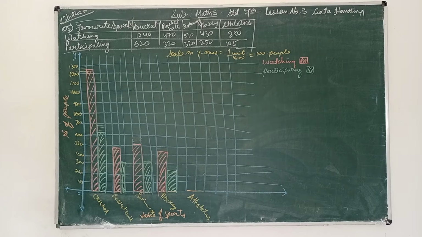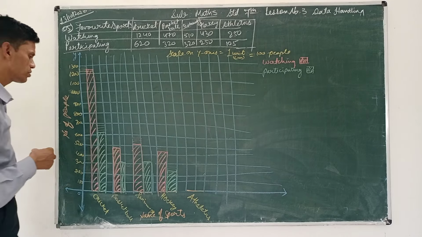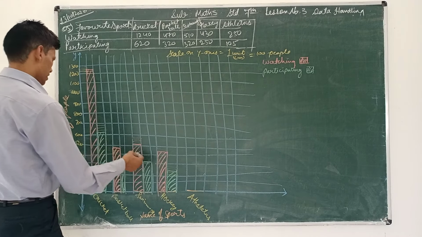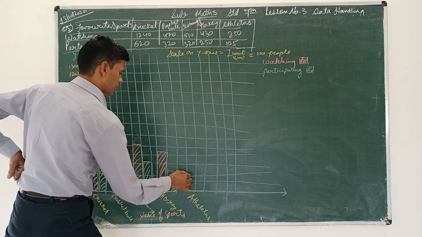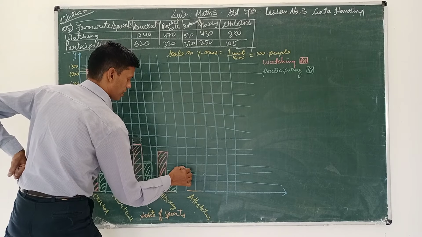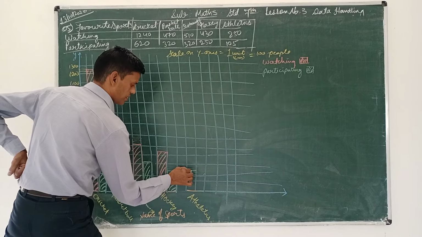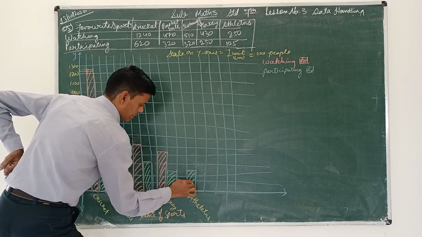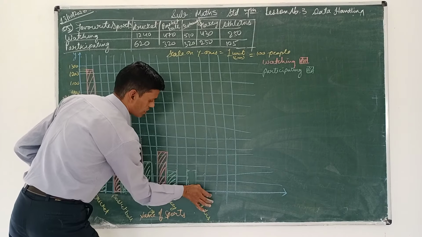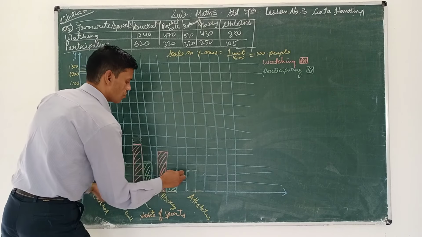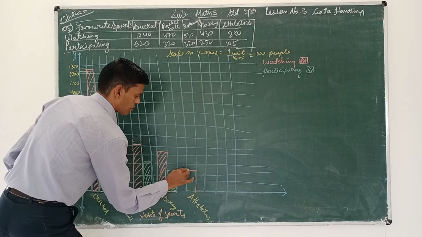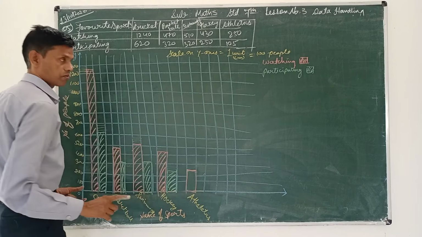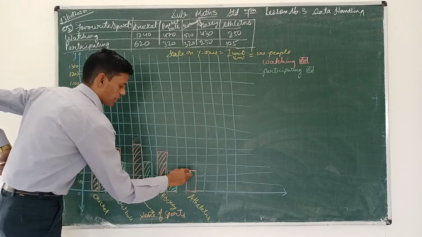Next one is athlete. 250 people are watching and 105 people are participating. Where is 250 for athlete? Here it is 200, 220, 240 and 260. That is between here. So we'll plot like this. Sorry, we have to first inform, we have to plot with red chalk because we are plotting watching people.